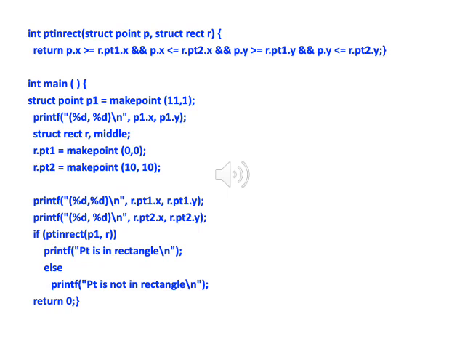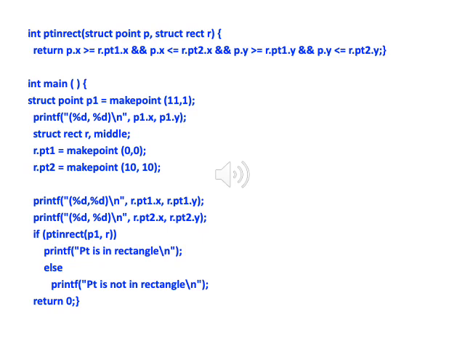Now for the x value of p, we need to check whether it is within the bounds of the x values of points p1 and p2. So r dot pt1 dot x gives us the value of point 1 for that rectangle, and r dot pt2 dot x gives us the value of point 2 for that rectangle.